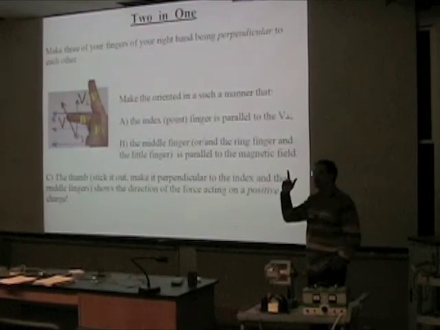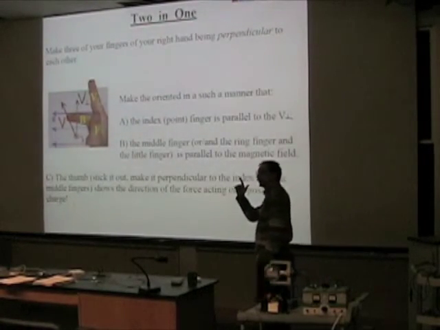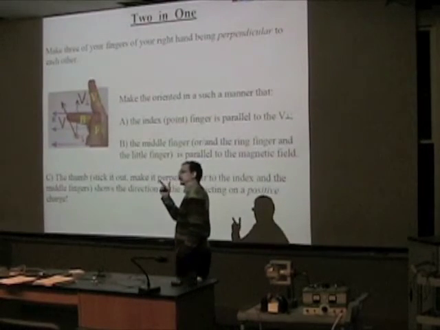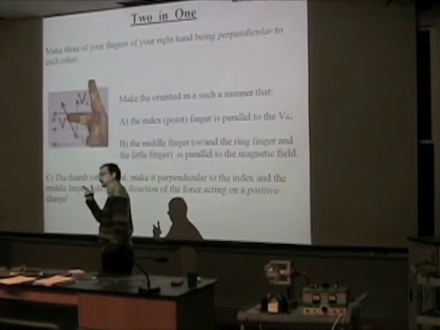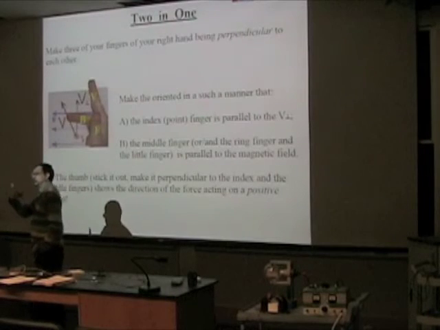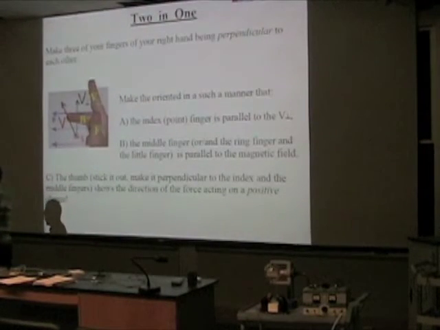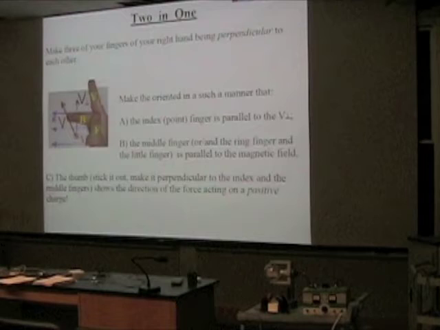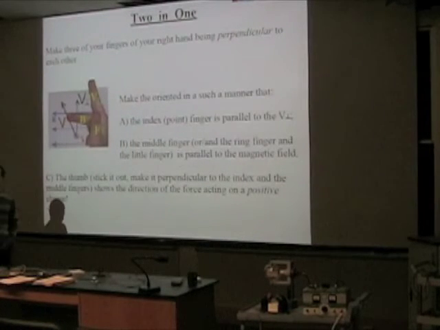And if you use these fingers to point in the direction of the magnetic field, the thumb shows you the direction of the force acting on a positively charged particle. So the right hand cannot be used directly for electrons because electrons are negatively charged. It could be used only for protons or positrons.